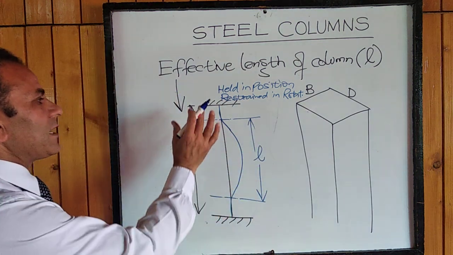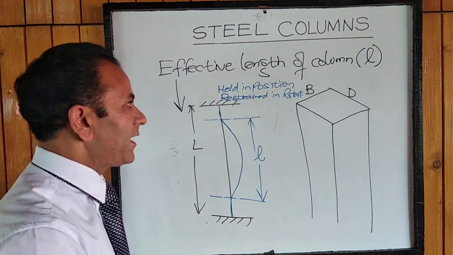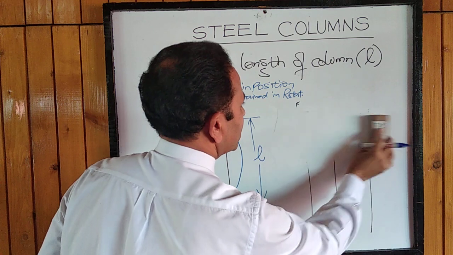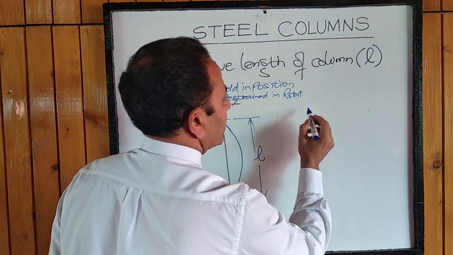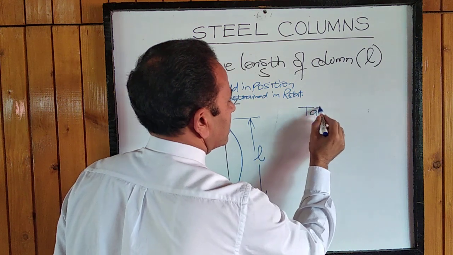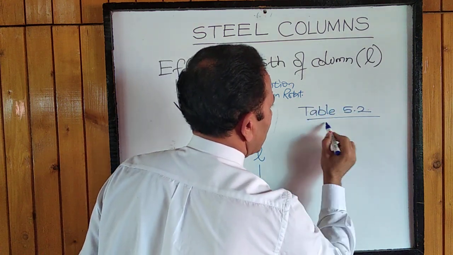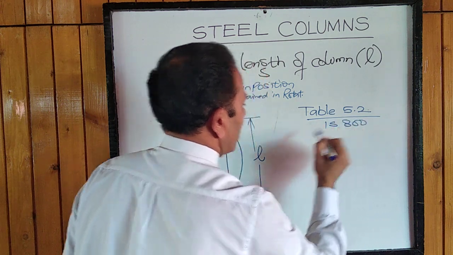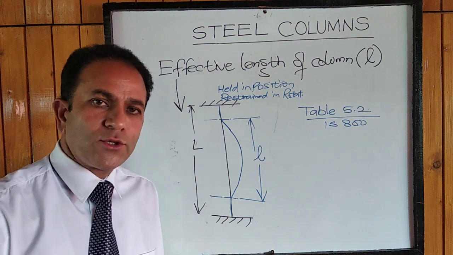So these details depend upon the end conditions of the column, and all these details are provided in the IS code corresponding to the end conditions. We have effective length details given in table number 5.2 in IS 800. In table 5.2, we have all the details. What effective length should we take?